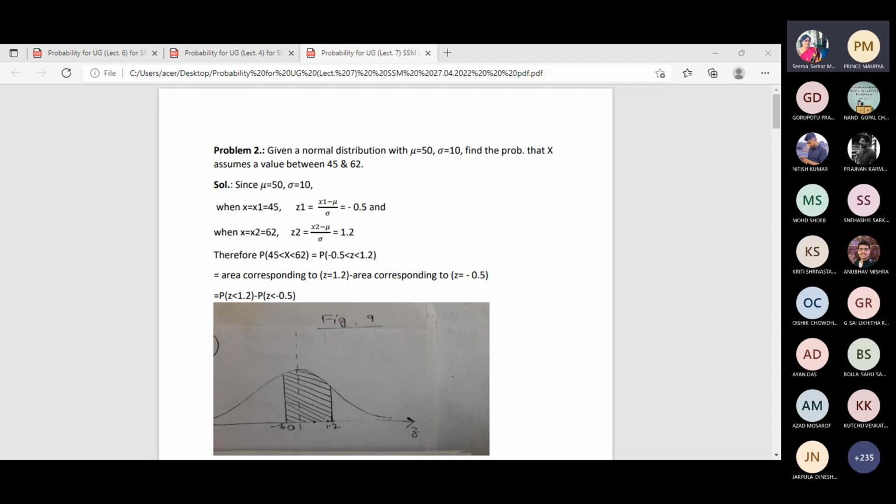In the fourth column, it is 0.4483. Which one is closer to 0.45? 0.4483. And this 0.4483 is lying at the intersection of which Z value? Minus 0.1 and on the top 0.03. That means the value of Z is minus 0.13.